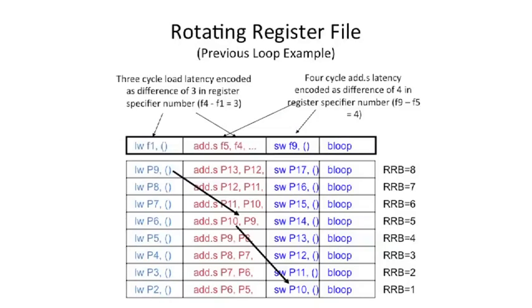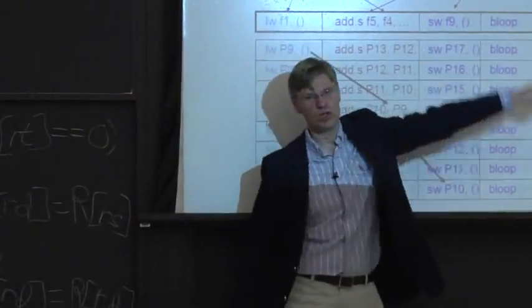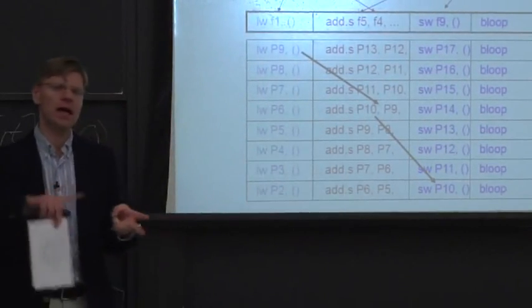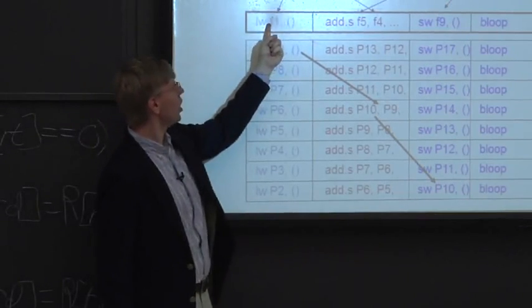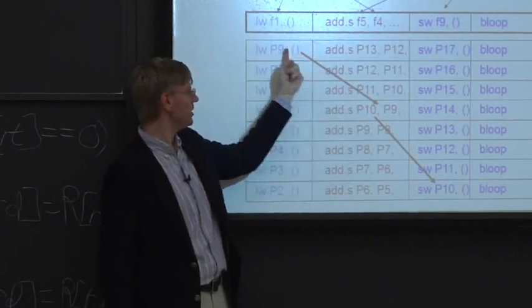So on something like an Itanium with a rotating register file, we don't actually generate all this code. Instead, we generate one instruction, this, which is going to take care of our prologue, our epilogue, and the main loop. And what we do is we encode the distance in register numbers between these two values.